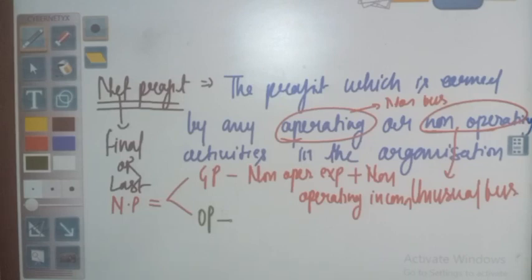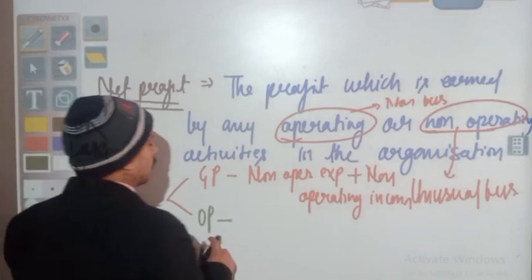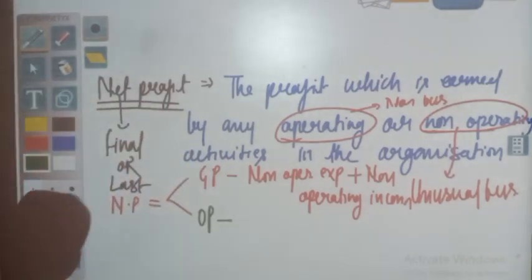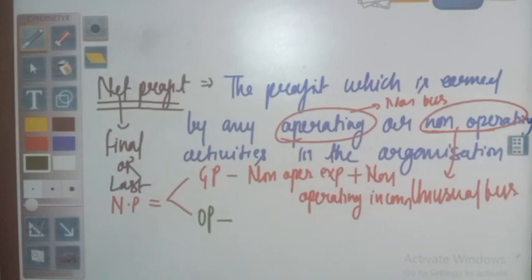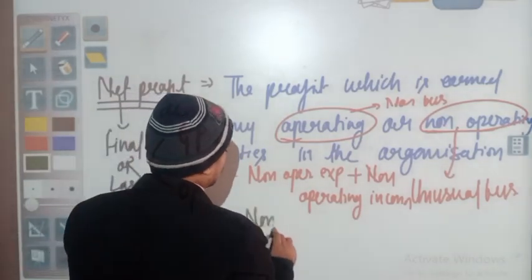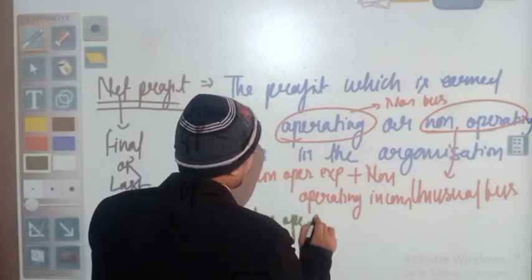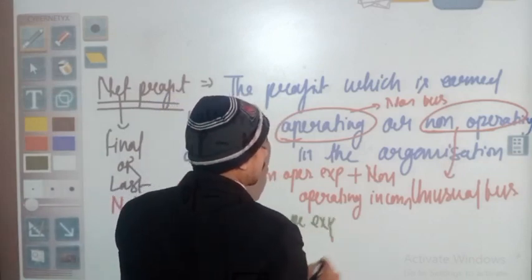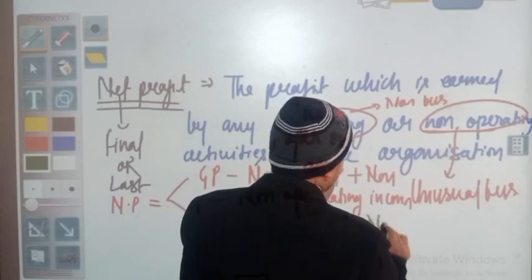Means net profit is equal to operating profit minus non-operating expenses plus non-operating income.